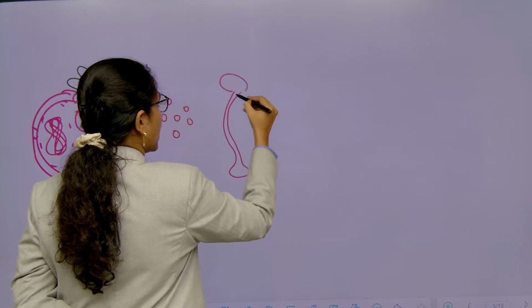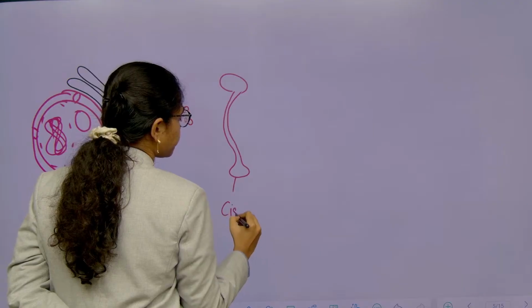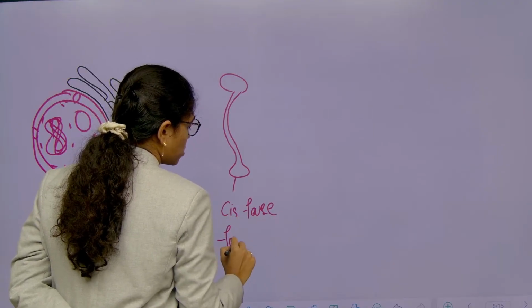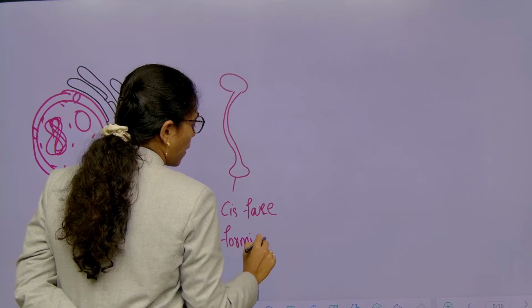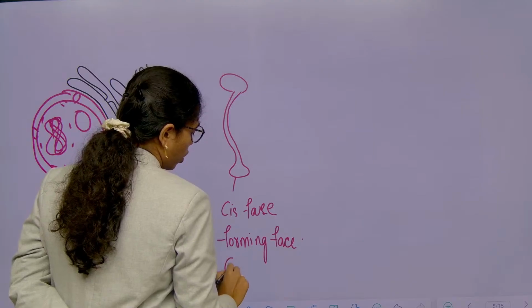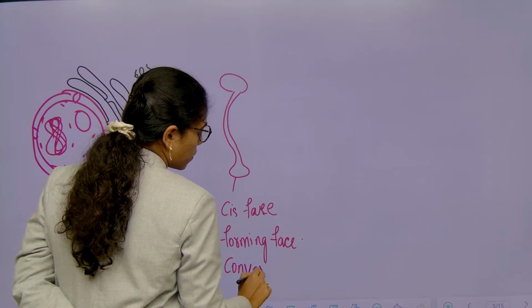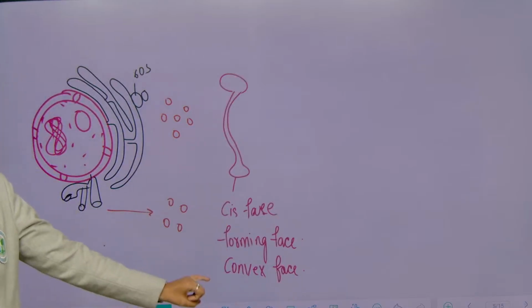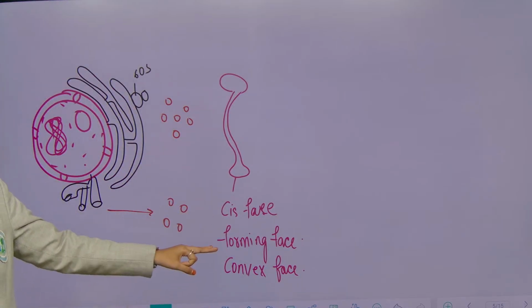This is addressed as cis phase, or forming phase, or convex phase. Got it?